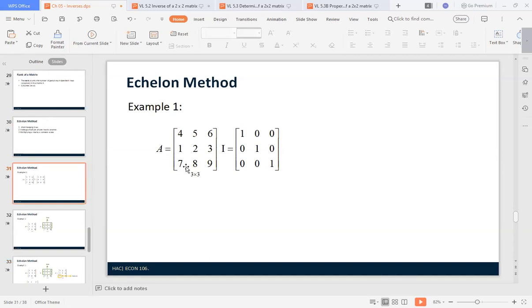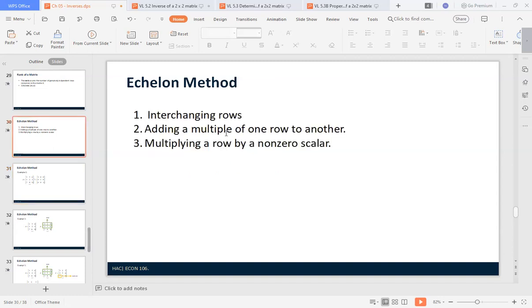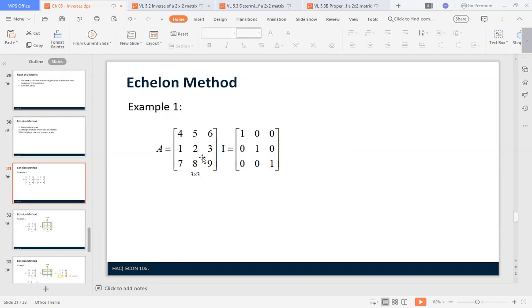Its dimension is 3 by 3. We also have an identity matrix, 3 by 3. What we're doing with the echelon method is transforming this matrix into an identity matrix. By using these elementary row operations, we will transform this into an identity matrix, meaning that this would be equal to 1, this would be equal to 1, and this would be equal to 1, and 0 elsewhere.